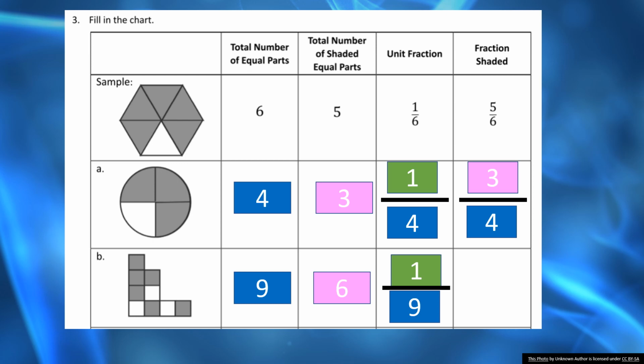Well, again, how many pieces are shaded? 6. 6 out of how many total pieces? 9. 6 out of 9 pieces are shaded. So the fraction that's shaded is 6/9. Now, you may need to pause your video so that you can check your work against mine.